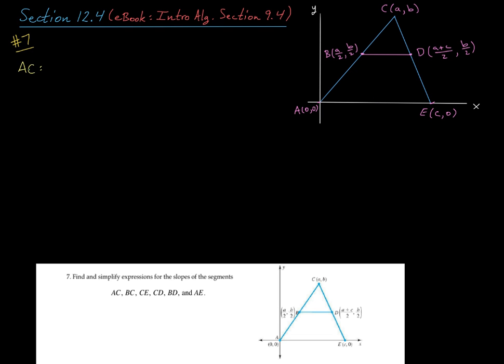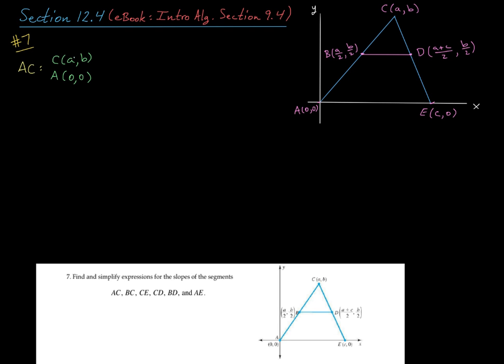Let's look at the line segment AC to start. To compute the slope of this segment, I'm going to take the point where I end up, which is C, and its coordinates are (a, b), and then the place where I start, which is (0, 0).